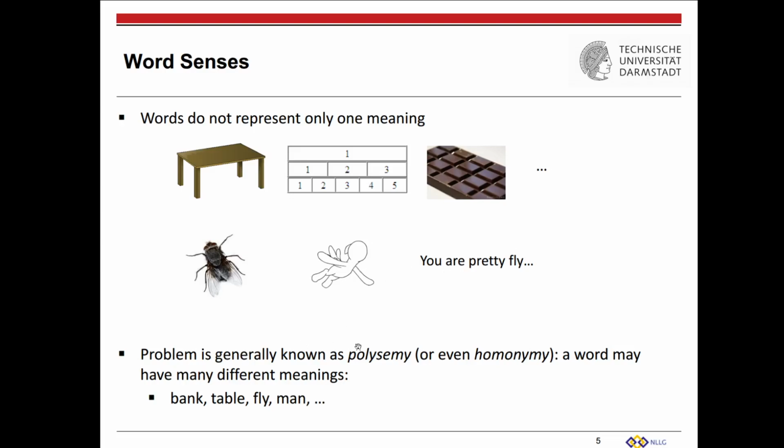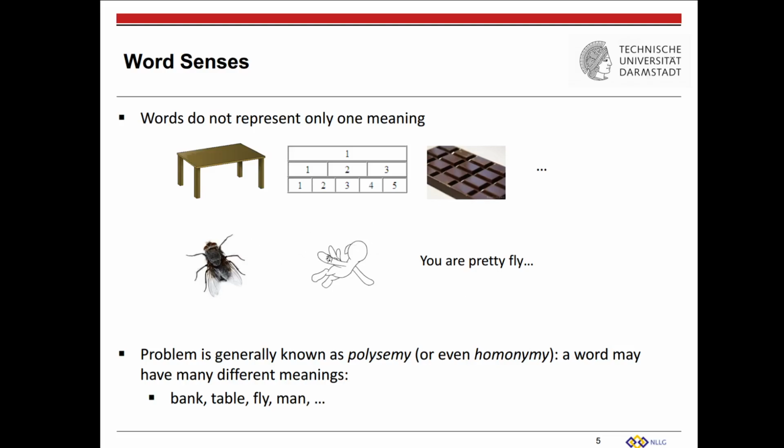The problem is generally known as polysemy and homonymy. So a word may have different meanings, as we have just seen. The difference between polysemy and homonymy is that polysemy is the case where a word has different meanings that are all related to each other, for example, at least fly and to fly.